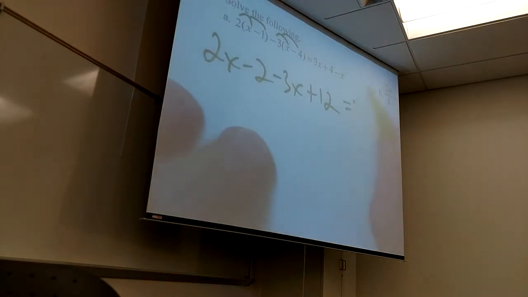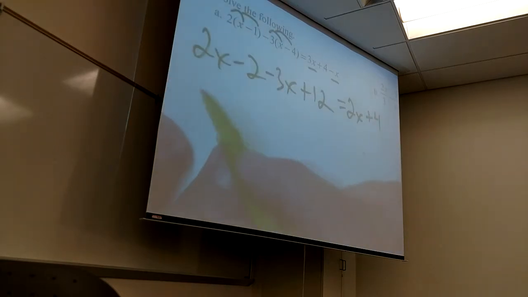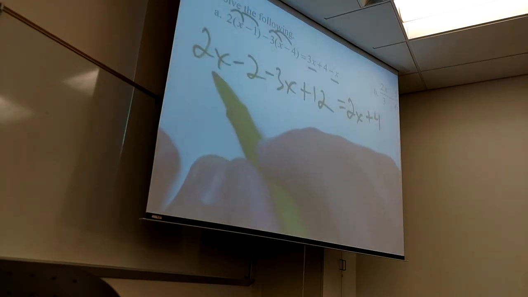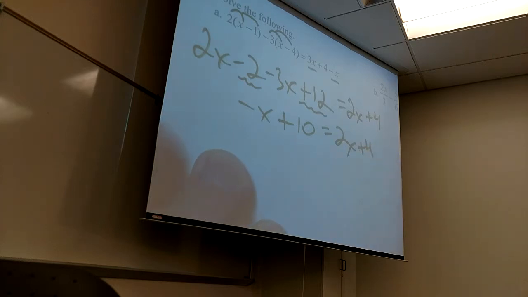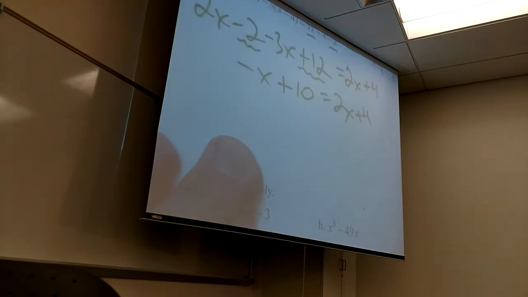Equals, and then on the other side there's really only one thing I could do: 2x plus 4. Now what can I do on this side? I can cancel for 2x, so negative 1x, or negative x, and then negative 2 plus 12, plus 10. Three x equals 6. Oh, yeah, okay.